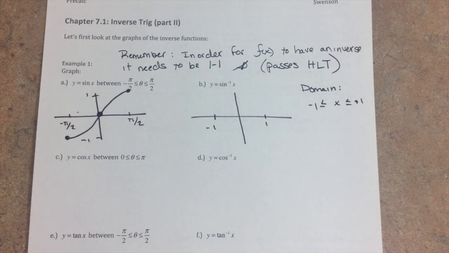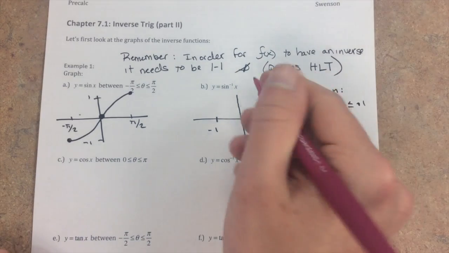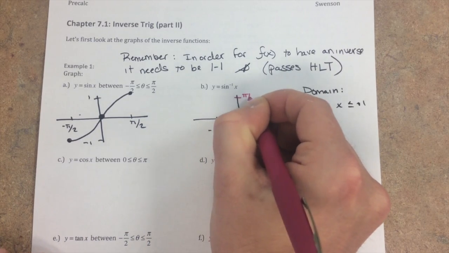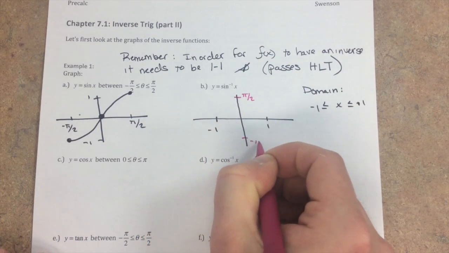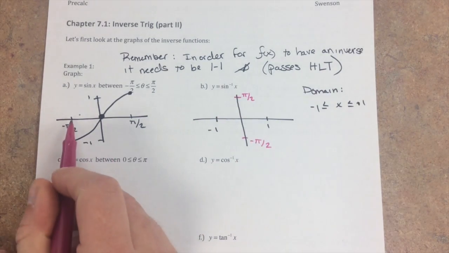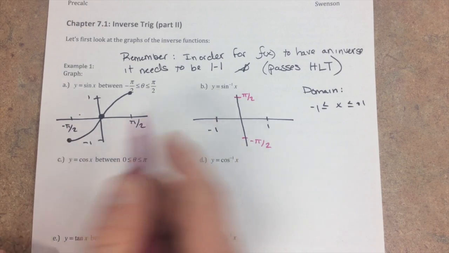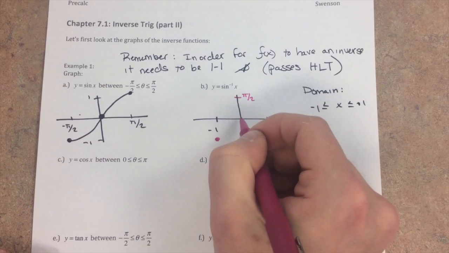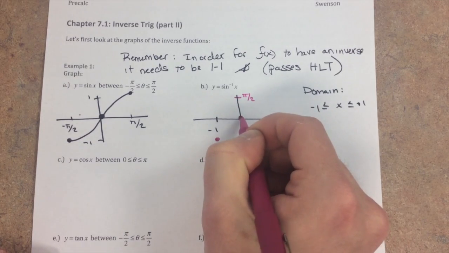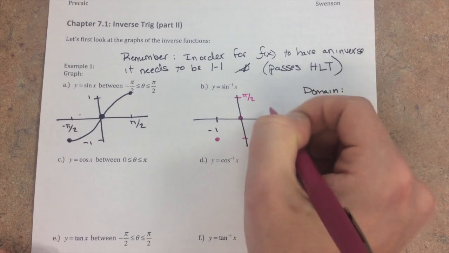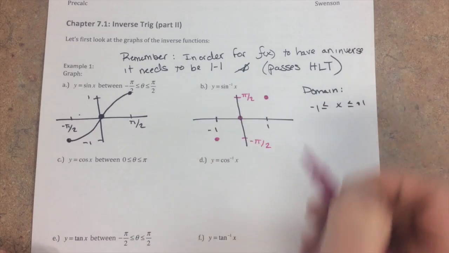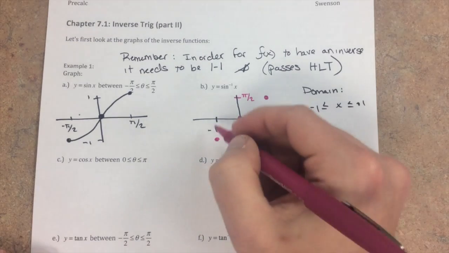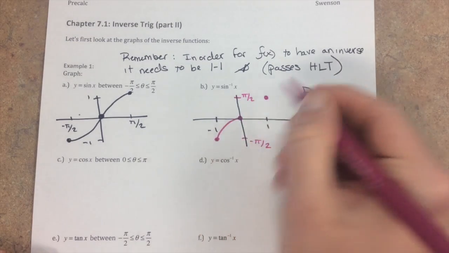So that's exactly what we're going to do. So our y values then are going to be pi over 2 and negative pi over 2. So instead of being at pi over 2, negative 1, we're going to be at negative 1, pi over 2. And still going to be at 0, 0, and we're still going to be at 1, pi over 2.